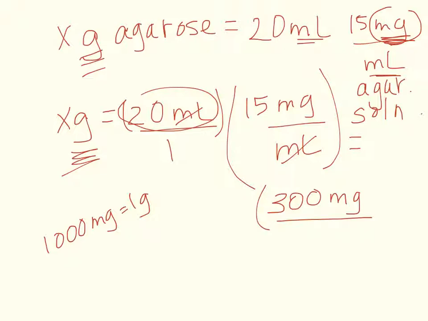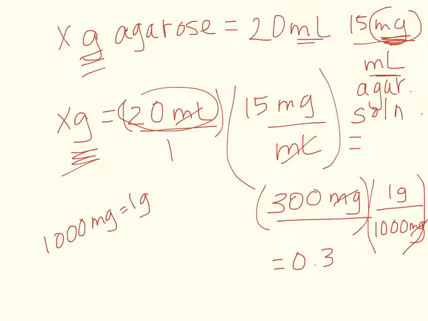So I put 1,000 milligrams down here and 1 gram up here, and I can cancel out my milligrams. So 300 divided by 1,000 gives me 0.30 grams. That's how you would solve that. I'm going to save this, and then I'll make another one.